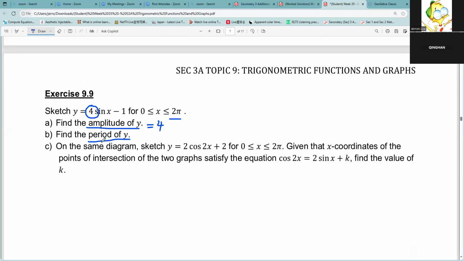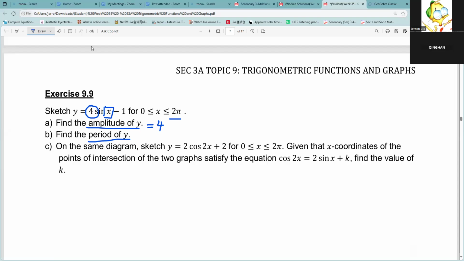Of course, then they ask this thing, okay, you need to listen now. How do you find the period of y? I'm just asking you what is the period of this graph. Now, don't forget the period is actually affected by this thing. Remember, I did sine 2x and it changed the period.